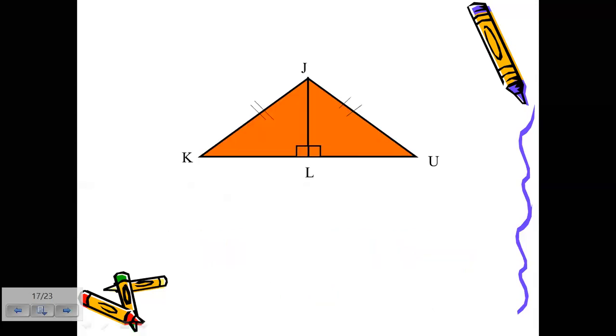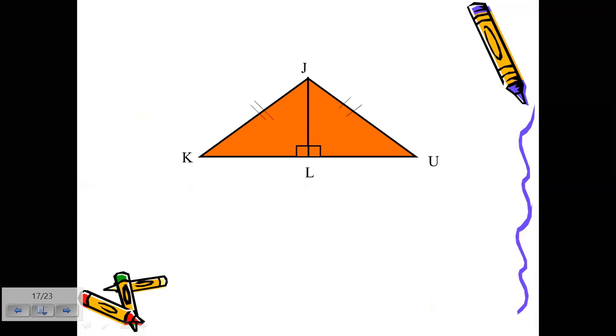Here I have a right angle triangle and KG is the hypotenuse and UJ is the hypotenuse, and I have a right angle triangle here, and JL is a common side.